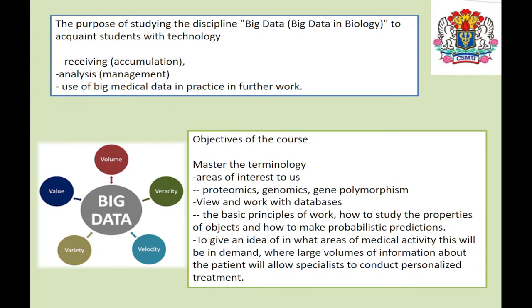To give an idea of in what areas of medical activity this will be in demand, where large volumes of information about patients will allow specialists to conduct personalized treatment.